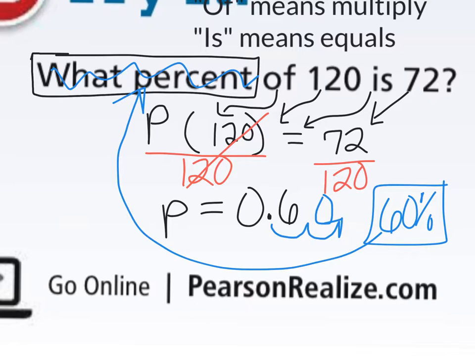You could also check that, especially if you had a calculator, as a quick check. Just like we did earlier in the lesson, take 60% of 120. Change 60% to a decimal, multiply by 120, and you'll get 72. That's how we know our answer is correct.